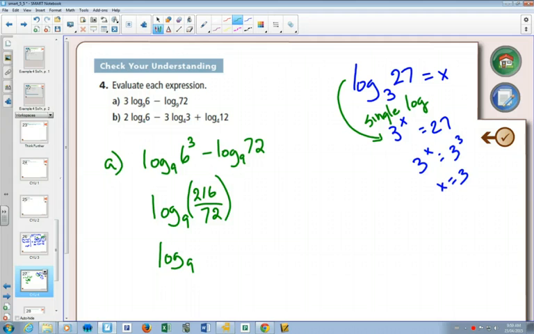So this simplifies to 3. Kind of nice. Now it's a single log.